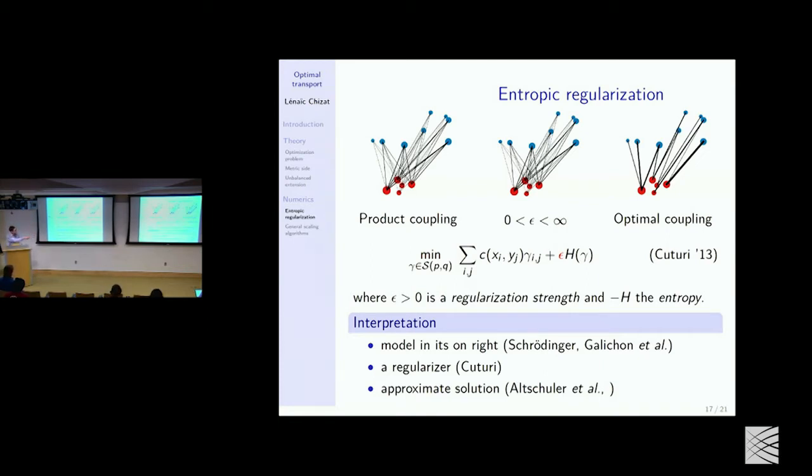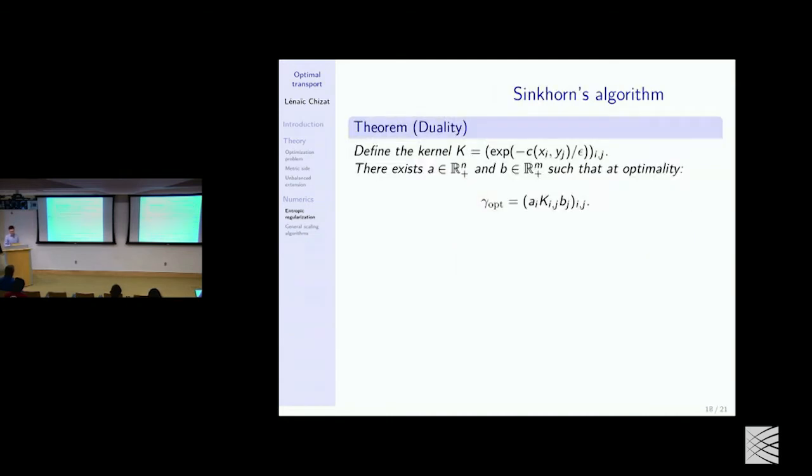So optimal transport with a small entropy on the coupling. First, I need you to accept a result because I cannot really explain where it comes from. It's a convex duality result. But the minimizer of the regularized problem is known to be writable under this form.